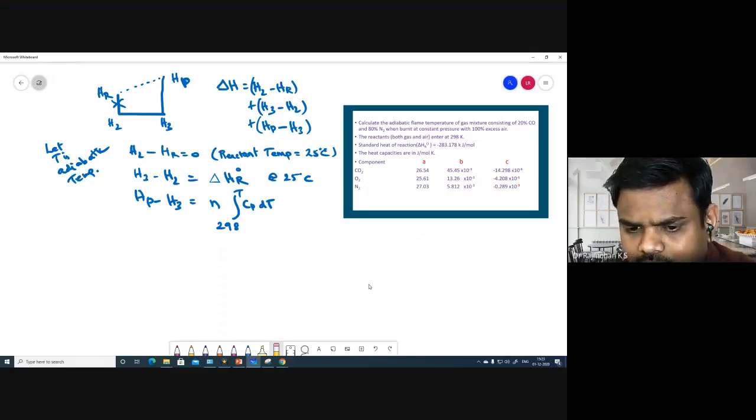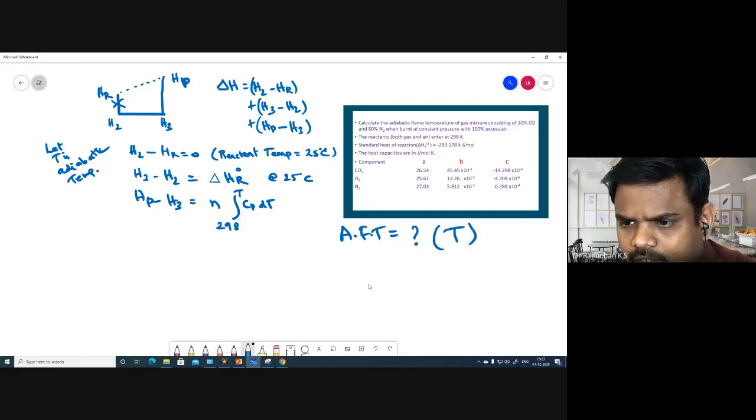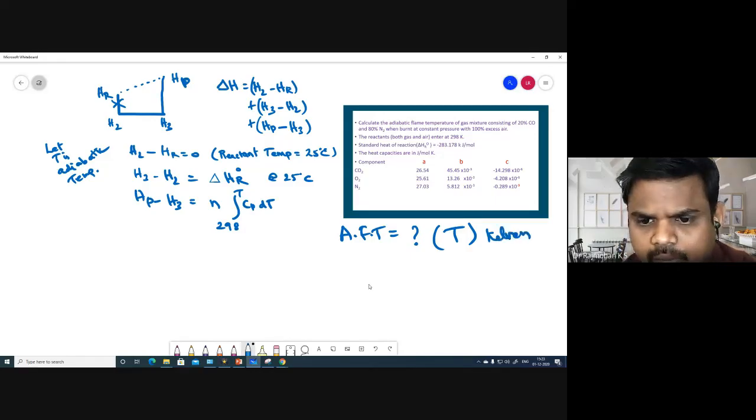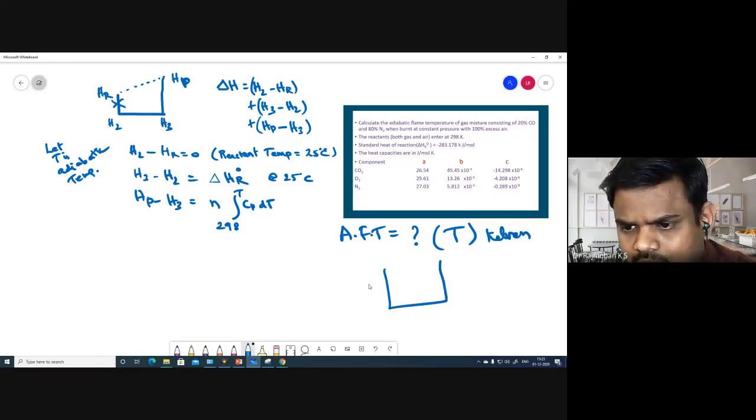Here we have to find out the adiabatic flame temperature, so let it be T Kelvin. T is the temperature, that is this one. This feed is entering at 25 degrees Celsius.